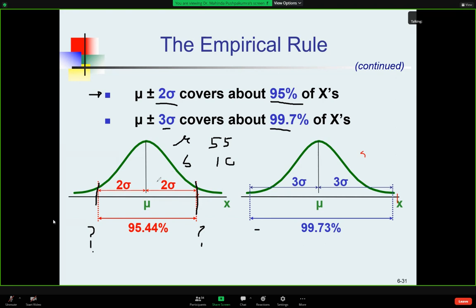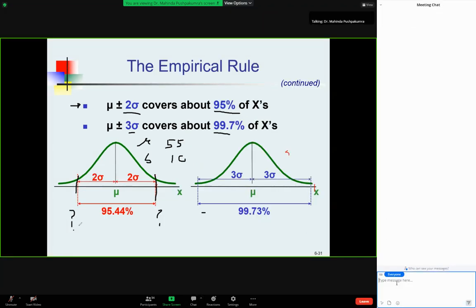55 minus 2 standard deviations. What is the value here? Yes, any answer? Mean is 55. Then what is the value here?